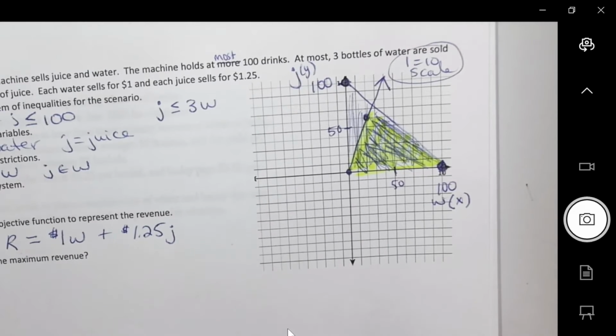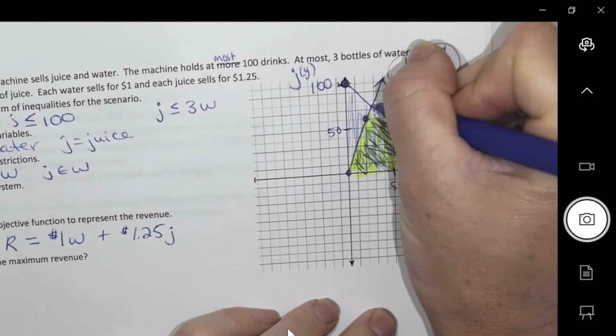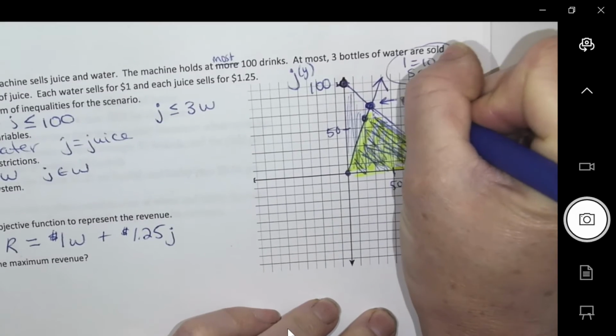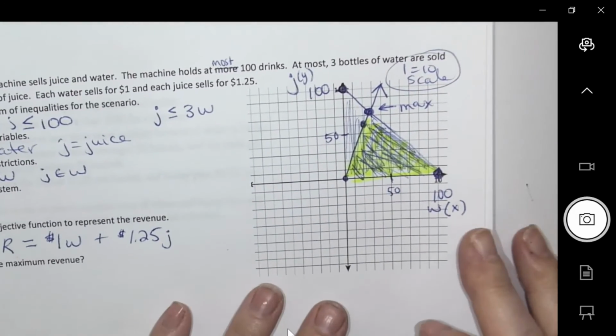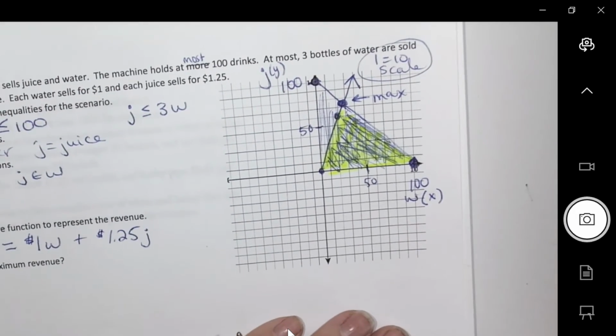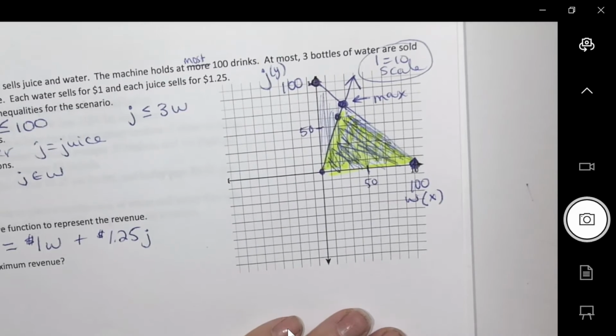What is the max revenue? Okay, so the most revenue is going to come from that point. So we're going to have to figure out that point.